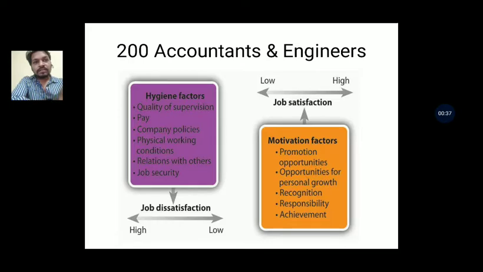And we discussed Frederick Herzberg's two-factor theory in the last part, which was based on hygiene factors. These are the foundation levels which a company must absolutely provide, and if these needs are not provided, people may become dissatisfied. Beyond this foundation of hygiene factors, companies need to keep on adding motivational factors like promotion, growth opportunities, recognition, responsibility and achievement.